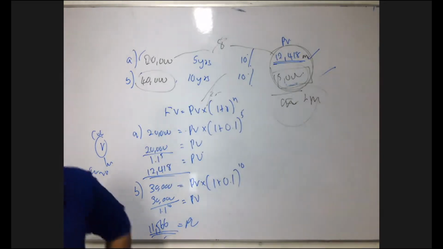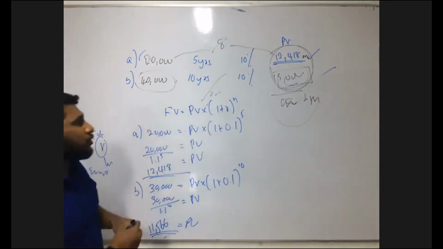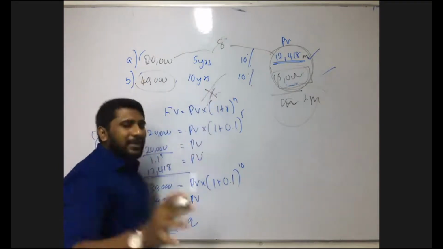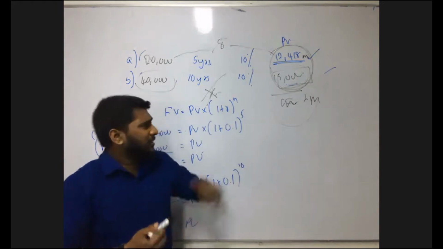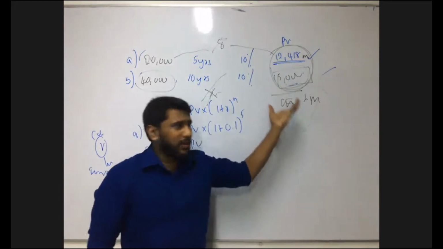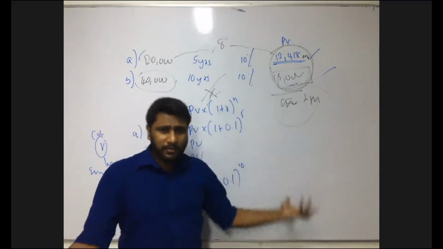Yes, we are not required to consider that. You shouldn't consider that. The only thing you have to consider is, in today's terms, how much am I getting. One value is giving me 15,000, another value is giving me 12,000. Obviously, I should select 15,000.